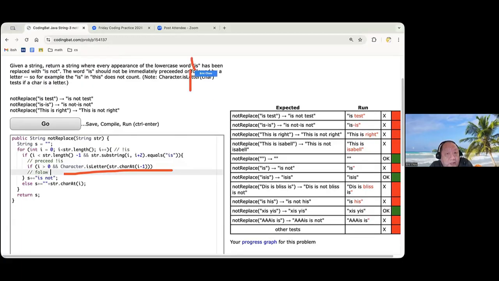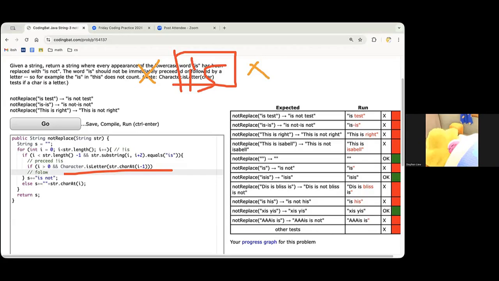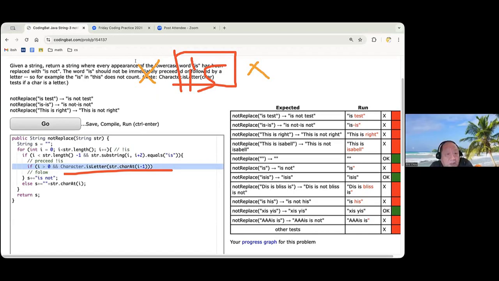You go and find a is, and then you want to make sure there's no letter here, no letter here. But doesn't this check for this X?